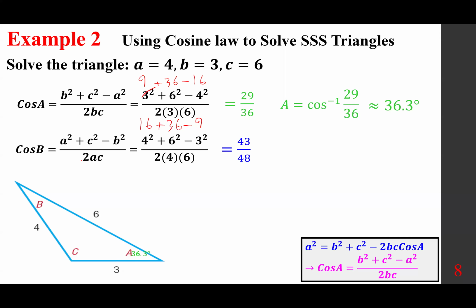So if cosine B is 43 over 48, then B must be cosine inverse of 43 over 48. Using a calculator, we end up with 26.4 degrees. So we put it there, 26.4 degrees.